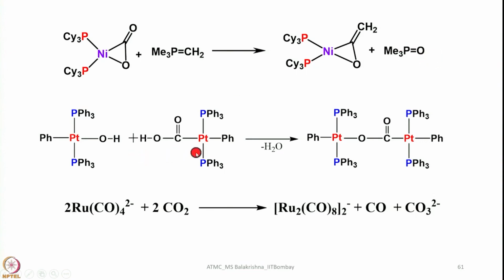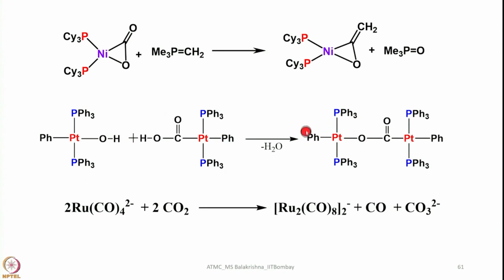One can also generate CO2 using two appropriately substituted metal reagents. For example, here we have a hydroxyl group, and in another one we have a carboxylic group. If you take these two, elimination of water, condensation, takes place to give a bridging CO2.